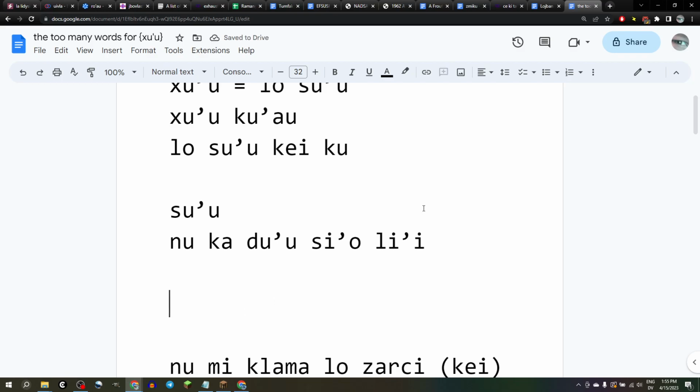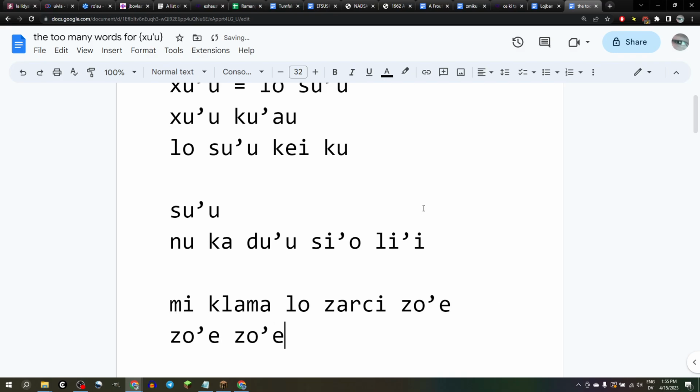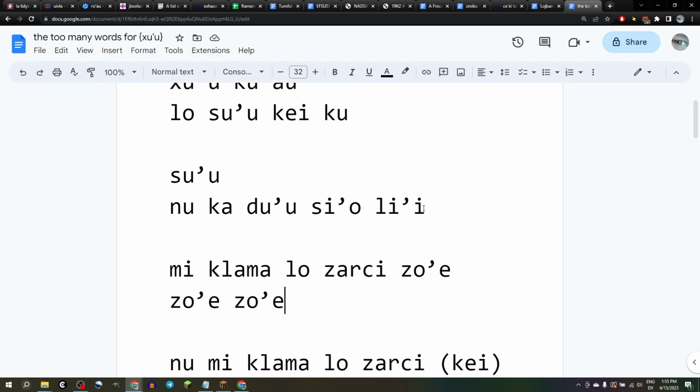And if you say mi klama lo zarshi, there are implied three more zohe, because you're saying I go to the market from somewhere, by somewhere, in something. So there's zohe implied all over the place.